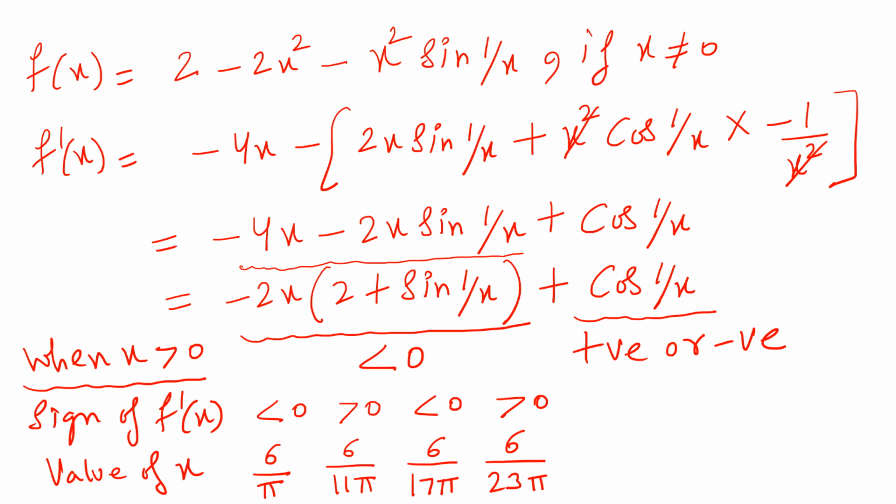Now this contradicts our supposition. So practically it is not possible to have an open interval 0, delta in which the function f is monotonically decreasing. Now students, we finally conclude that option B is not correct.